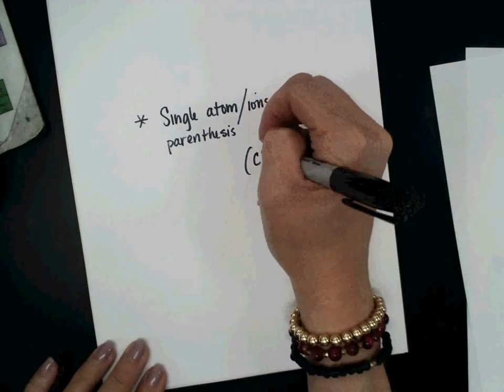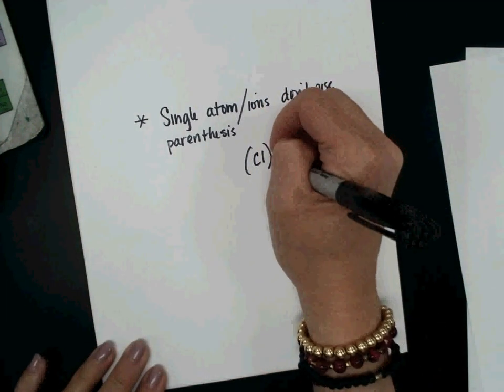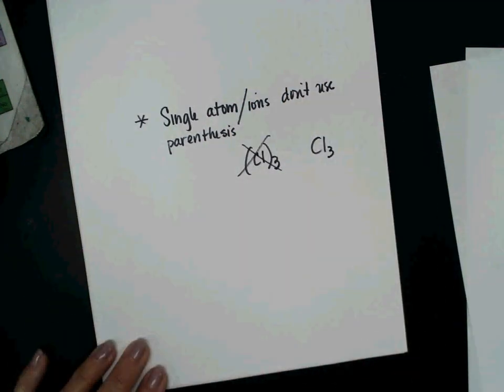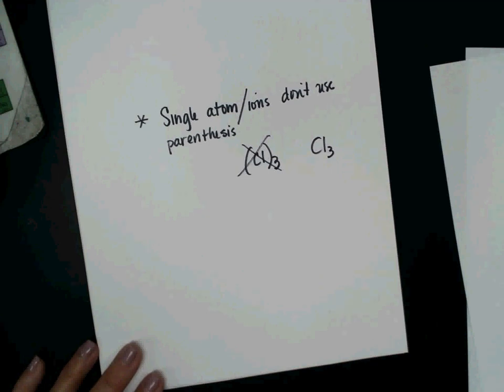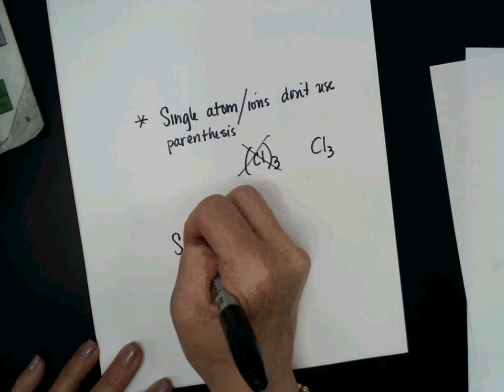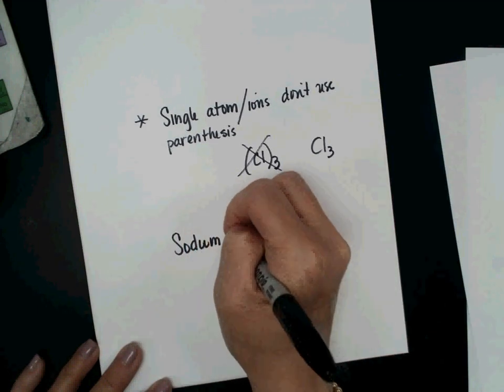So if I only have one atom that's making my ion like Cl, I would not put parentheses around it. That's wrong. I would just write Cl3 because there's not more than one type of atom there. So keep that in mind, and then I want you to try this next one.